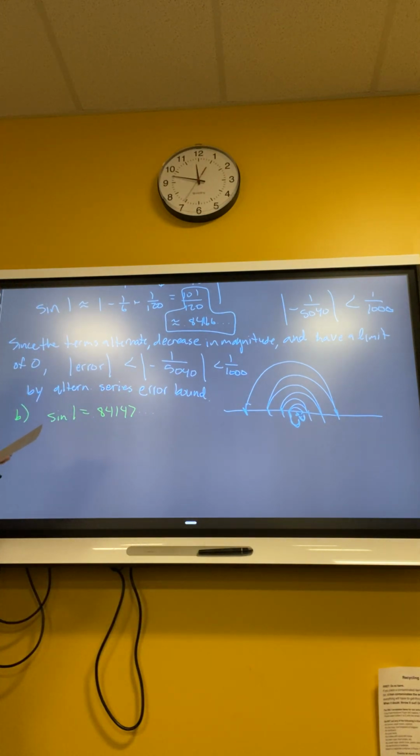So if we want to know the actual error, then I'm gonna plug this into my calculator, get the actual value, and find the difference between that and what we estimated, right? Which was 0.84166.